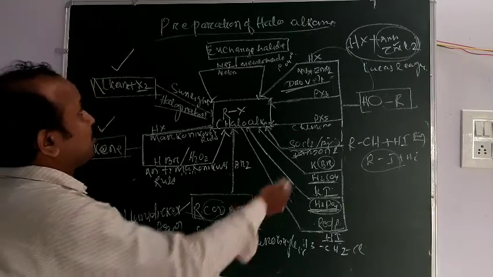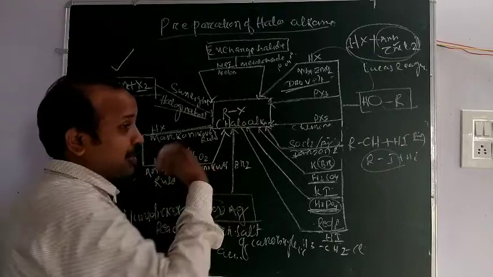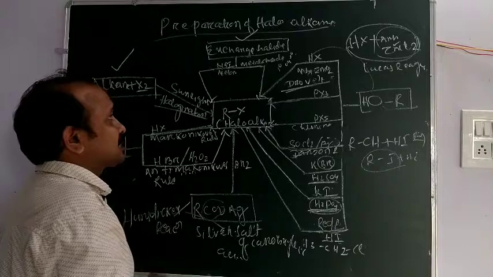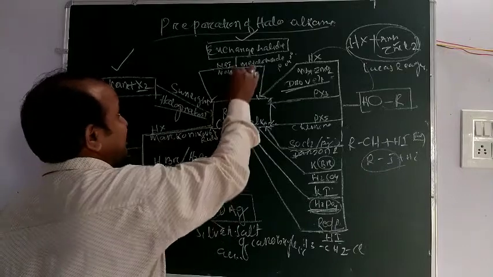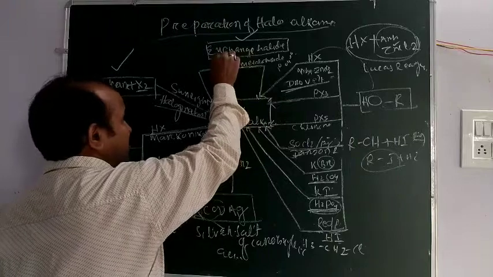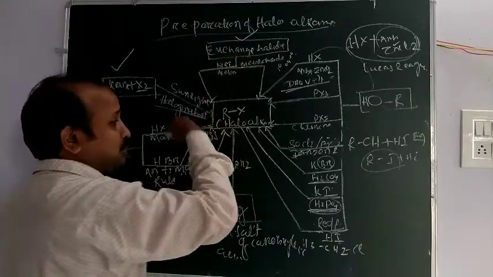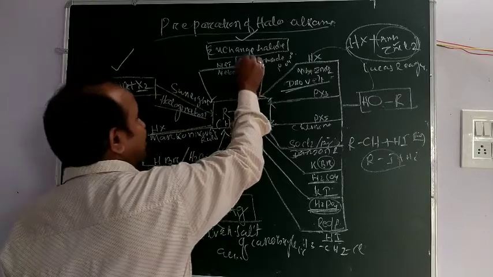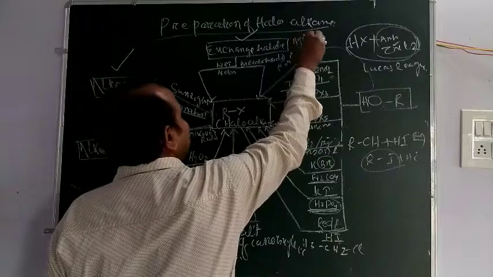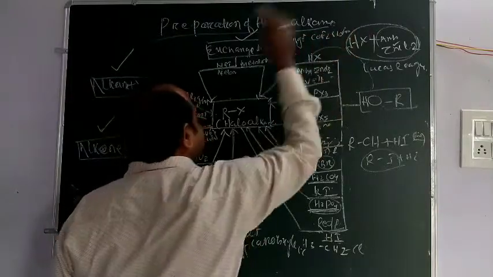Then we prepare alkyl halide from another alkyl halide, meaning exchange of halide. There are two ways for the exchange. One is sodium iodide or potassium iodide to form the iodoalkane, exchanging the halogen with iodine. This is called the Finkelstein reaction. Another one is the metal fluoride, meaning AgF, Hg2F2, SbF3, like that.